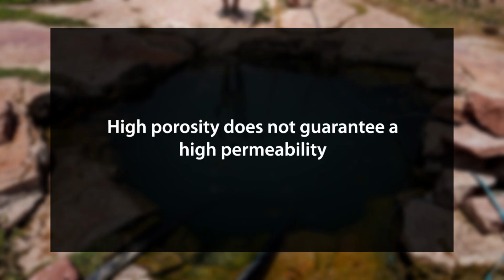If the permeability varies with direction, for example, vertical permeability is lower than the horizontal permeability, the groundwater flow direction will be deflected and will not be parallel to the hydraulic gradient. It is important to note that high porosity does not guarantee a high permeability.